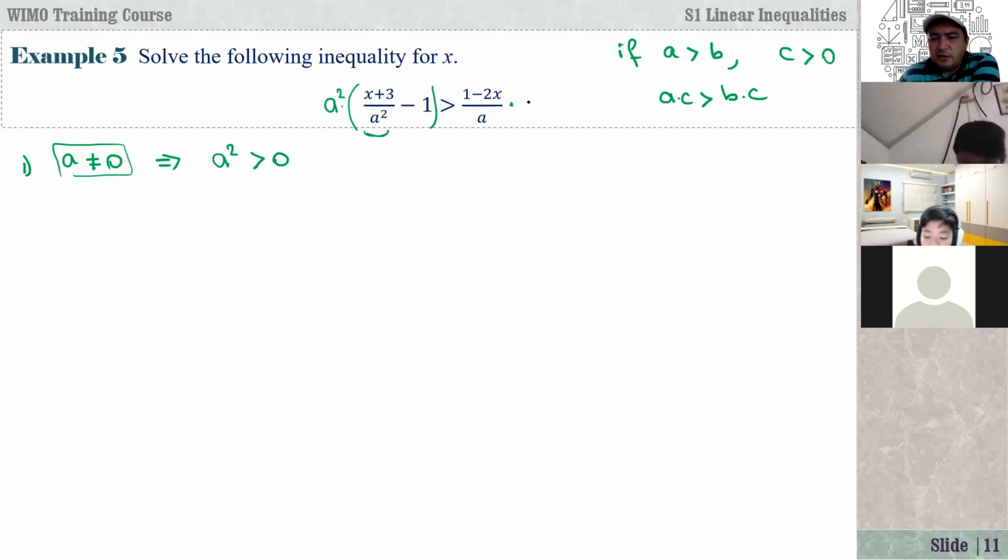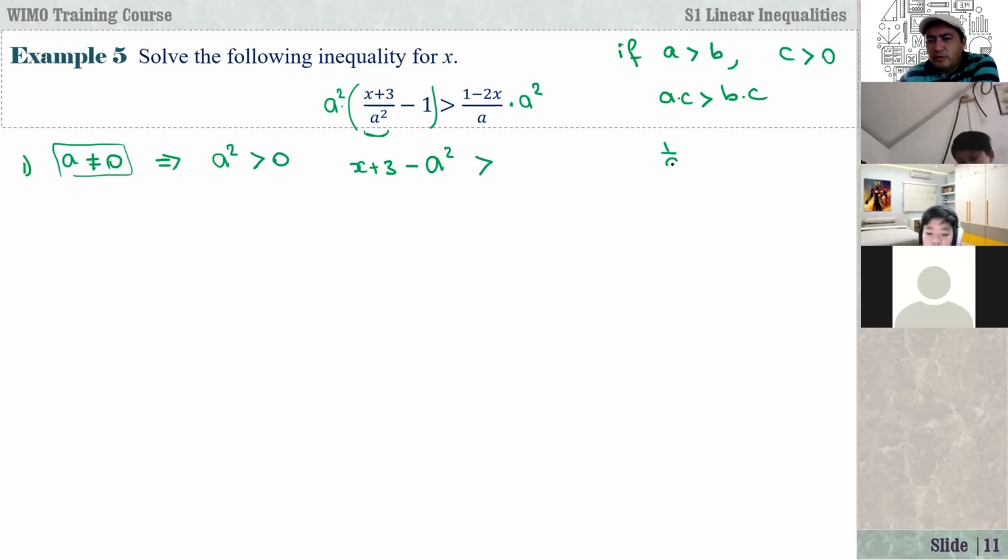And I also multiply the right-hand side by a squared. So now, just algebraic manipulation: if you simplify the left-hand side, a squared times x plus 3 over a squared, that's equal to x plus 3, minus a squared times 1, that's equal to a squared, is greater than, and here we have a squared over a, right?